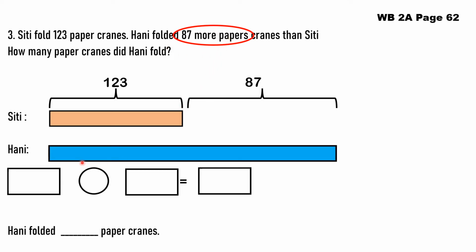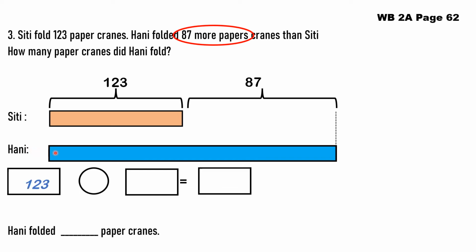So this will be the total amount of paper cranes that Honey folded. As you can see that we have 87 and 123. So we add these two numbers to get the total number of paper cranes that Honey folded.